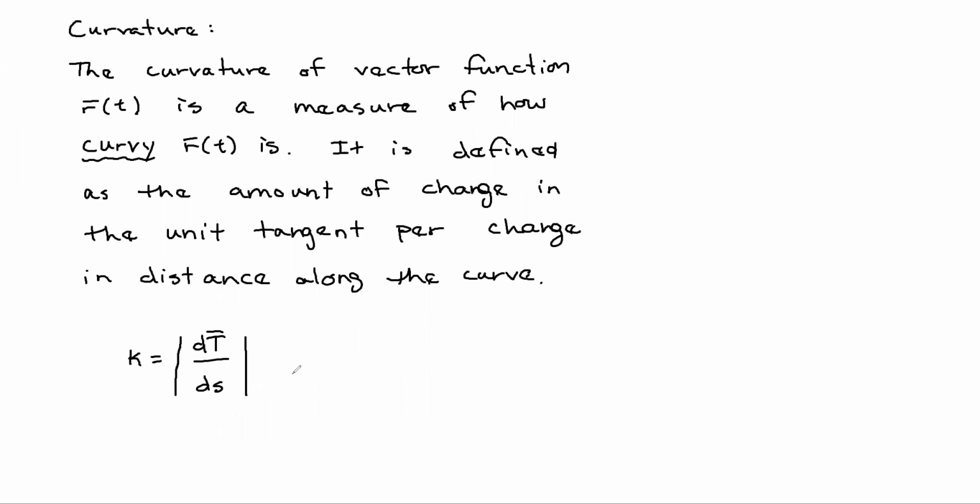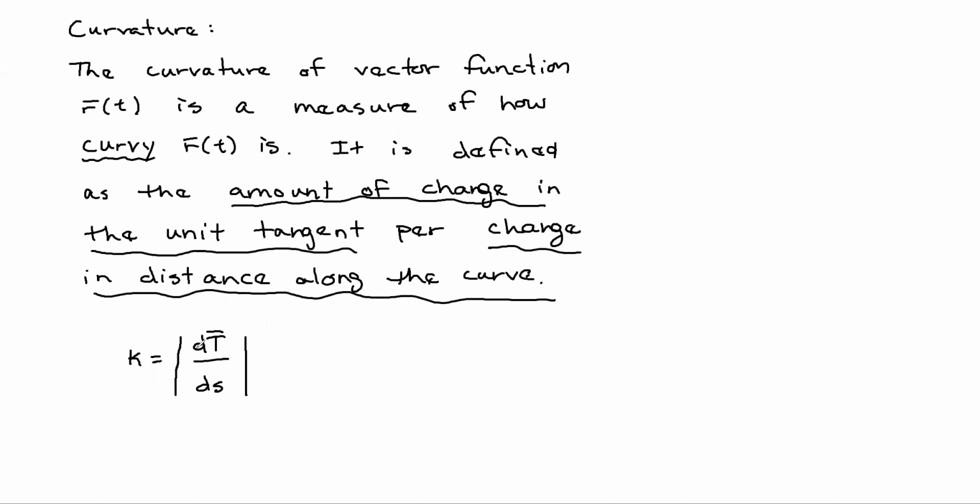At a glance, I don't know if it's obvious that this would measure curvature. It's the amount of change in the unit tangent per the change in distance along the curve. You could think of the unit tangent as representing the direction that you're moving in along the curve.